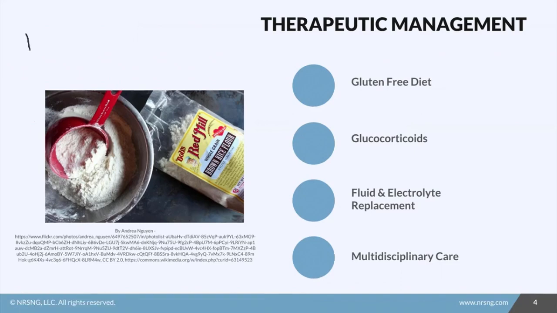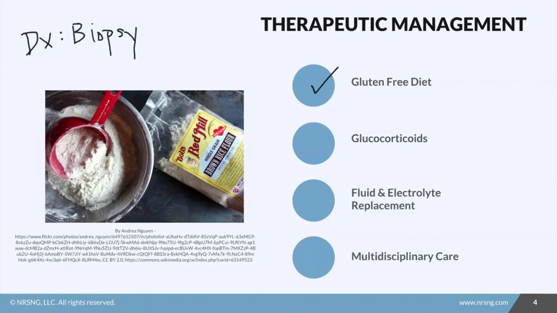Definitive diagnosis of celiac disease requires a biopsy of the small intestines. Once we get this biopsy, we can start them on the diet that's going to take care of all these problems. These kids need to be on a gluten-free diet, which means eliminating foods that contain wheat, oats, and rye.